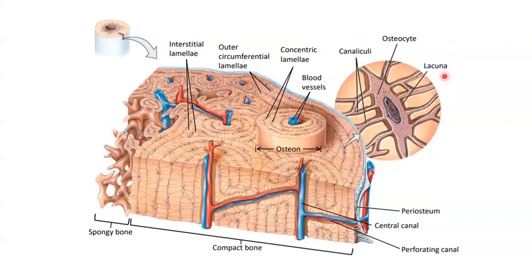And then here we've got a bit of a close-up look at that osteocyte. So in the middle here is our osteocyte. That is our mature bone cell, the bone cell that's responsible for maintaining bone metabolism. The space within which that osteocyte sits is called the lacunae. So all of this, I guess, yellowy beige colour is secreted osteoid.